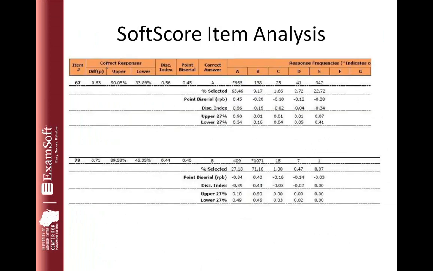You can run an item analysis in SoftScore, or also run the exam faculty reports in SoftScore, and this can give you that item analysis, so you can look at the breakdown of your items and see whether or not your distractors were plausible. These are 2 items from one of our exams. In the red box that just appeared up on the screen, you can see in the top row the breakdown, the number of students that selected options A, B, C, D, and E. Right below that, it gives the percentage.